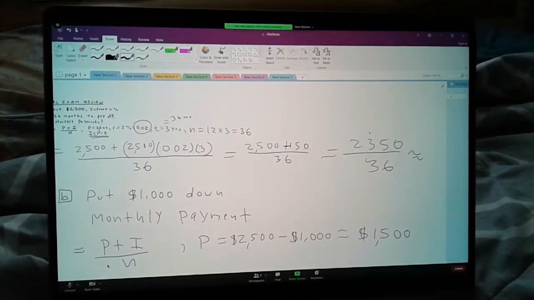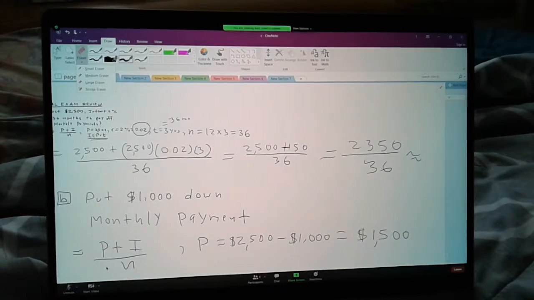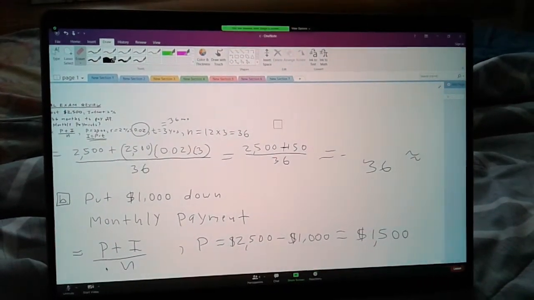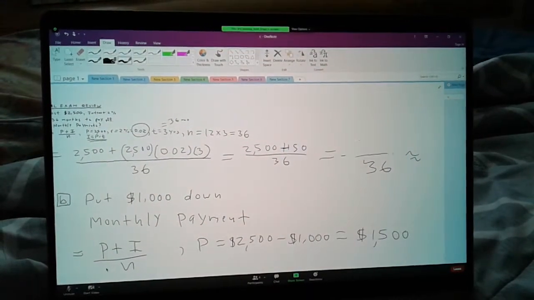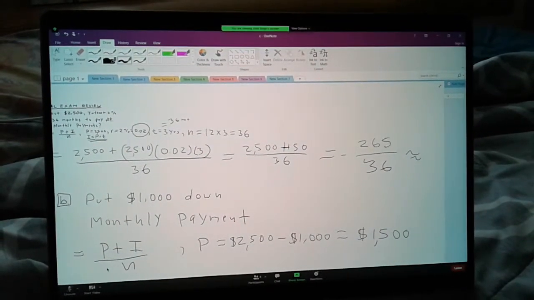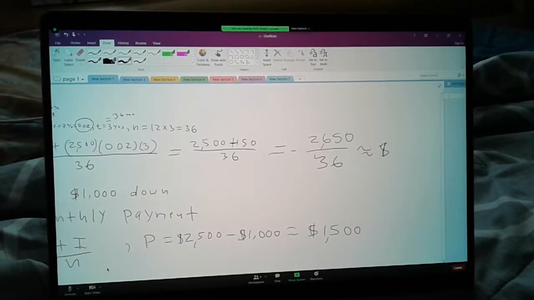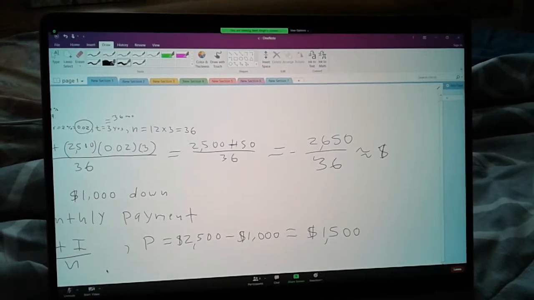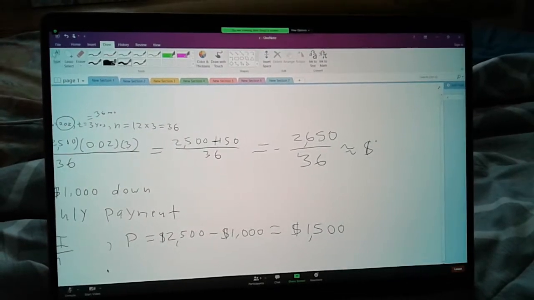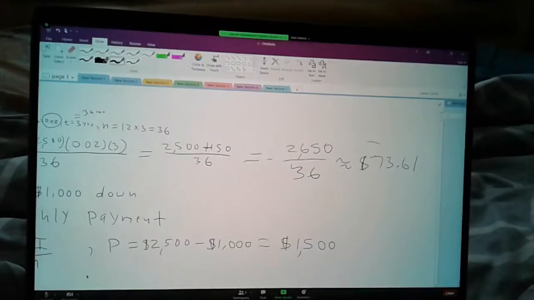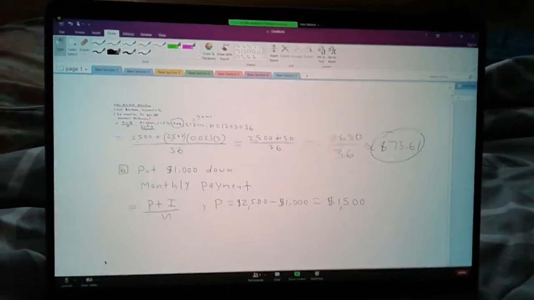Yes. So if I add 150, then it'll be 2,650 on top. So what is it? $73.61 approximately per month.